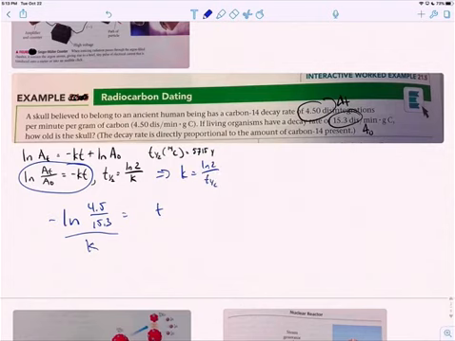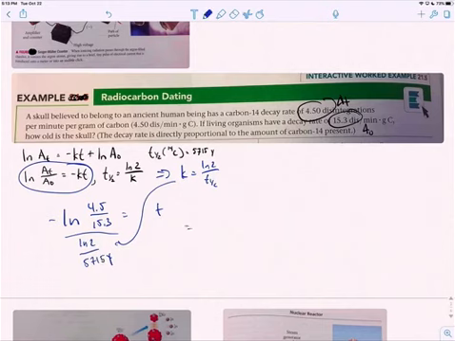So we're going to plug this in: the natural log of 2 over the half-life, which is 5715 years.